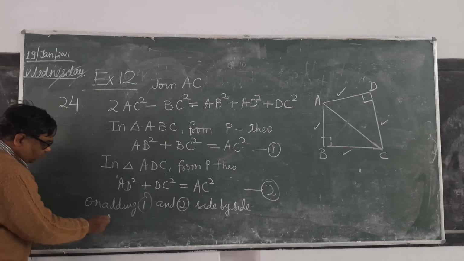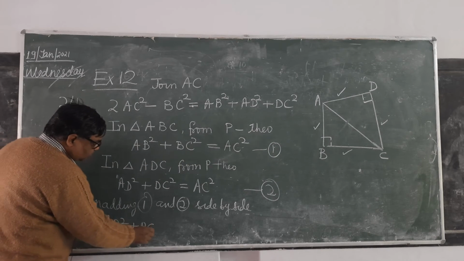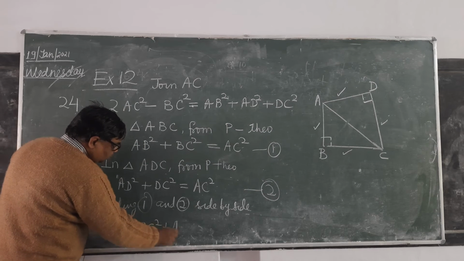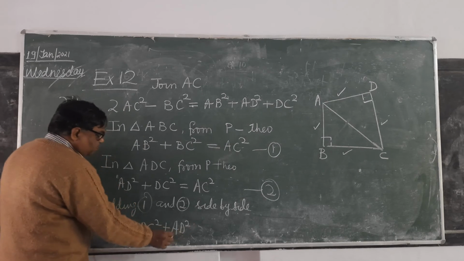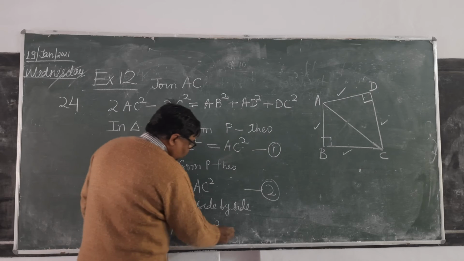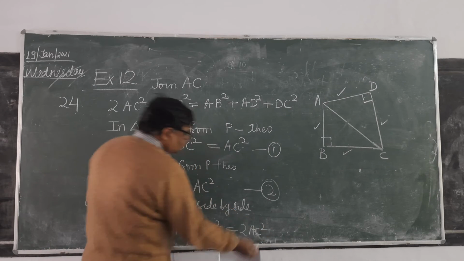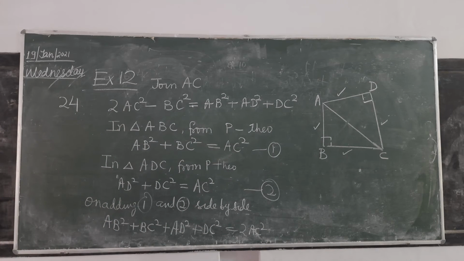AB square plus BC square plus AD square plus DC square equals to 2AC square. AC square plus AC square means 2AC square.